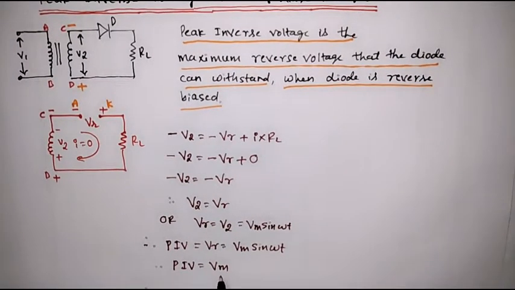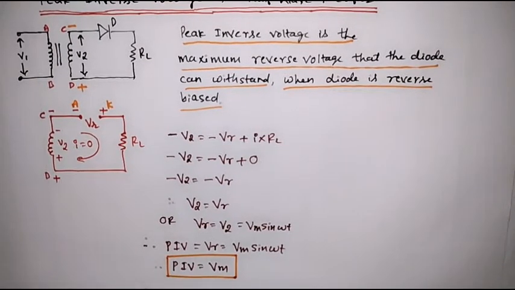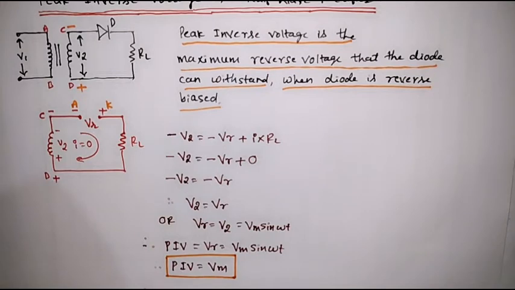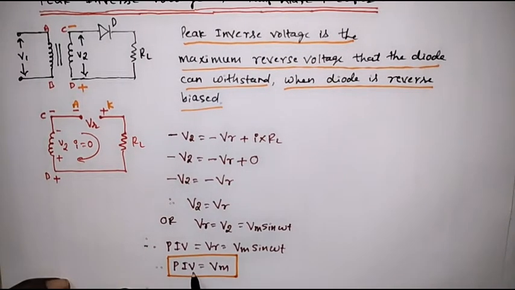That is, Vm is nothing but the peak secondary voltage. Therefore, the peak inverse voltage for the half wave rectifier is equal to the peak voltage of the secondary voltage.